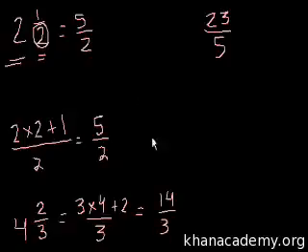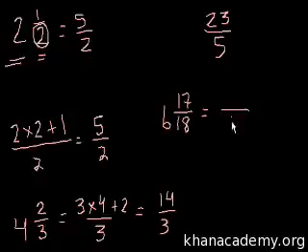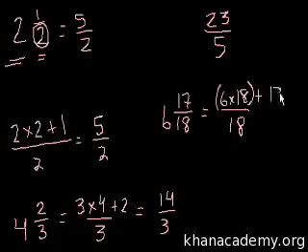Let's do another one. Let's say I had 6 17/18. I gave myself a hard problem. Well, we just keep the denominator the same. And the new numerator is going to be 18 times 6, or 6 times 18, plus 17.